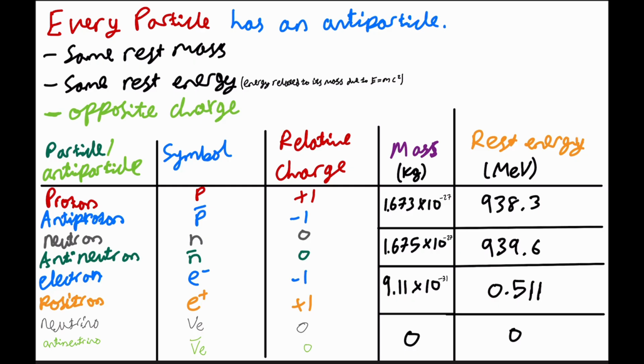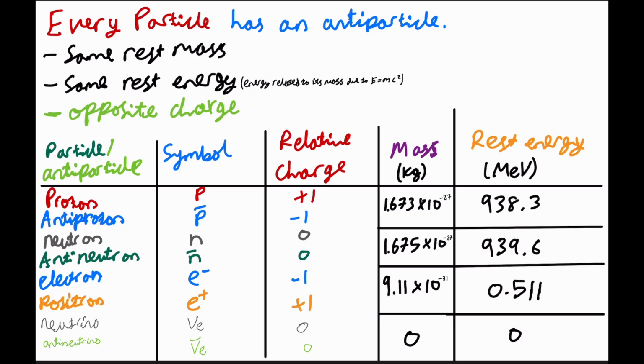The rest energy is related to its mass because of E equals mc squared. As you can see, you have E, which is the energy, and m, which is the mass. So they're related, and c is, by the way, the speed of light, which is constant. So you can relate energy and mass. So they have the same rest mass, same rest energy, but they have opposite charges.